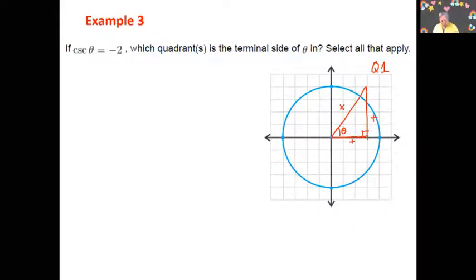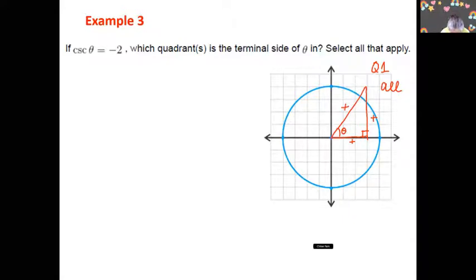So all 6 trig ratios are positive, because it's positive over positive. So all 6 are positive, okay? Then let's move on.